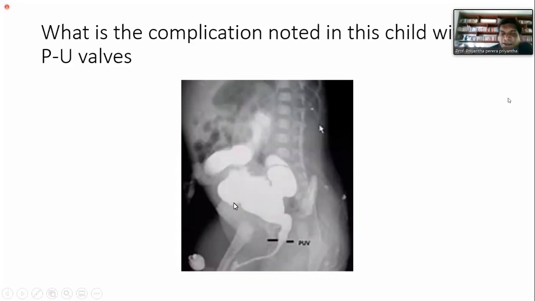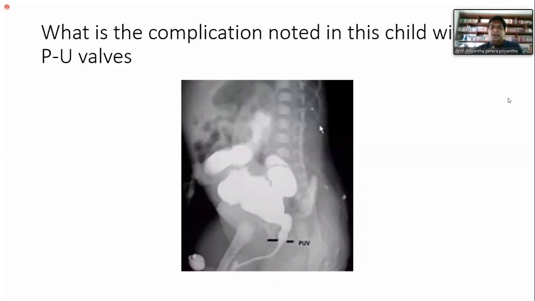If you do an ultrasound scan of the bladder, what will it show? What will happen to the bladder muscles with the posterior urethral valve? Hypertrophy, yes, the bladder will be hypertrophied. So ultrasonically, you call it a trabecular bladder.